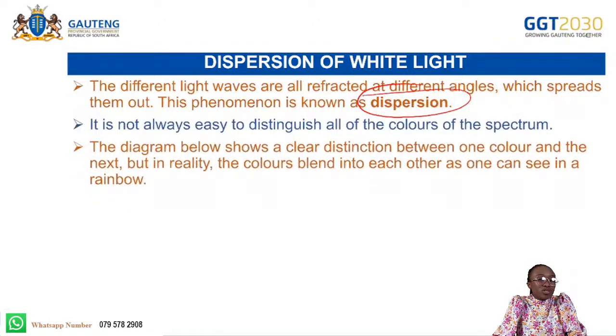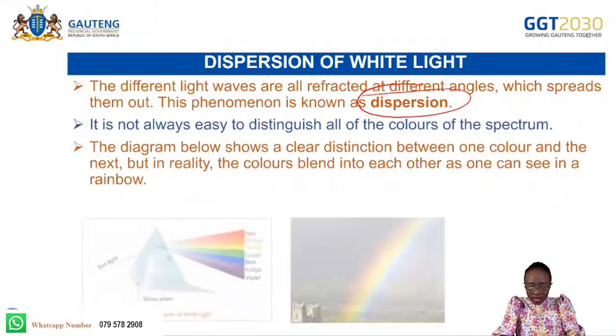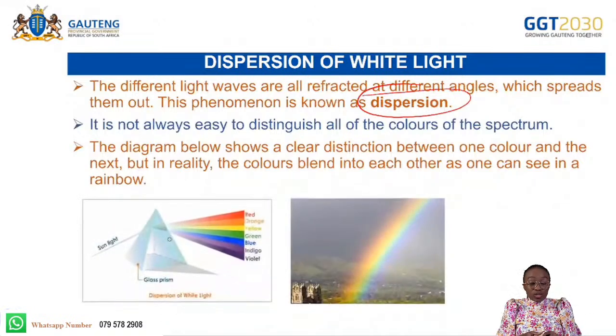So next time you see a rainbow, please try and distinguish the visible spectrum. Try and see which one is orange, which is red, which one is yellow, which one is green, blue, indigo, and violet. The diagram below shows a clear distinction between one color and the next. So, sunlight, prism, refraction happens, there's dispersion.